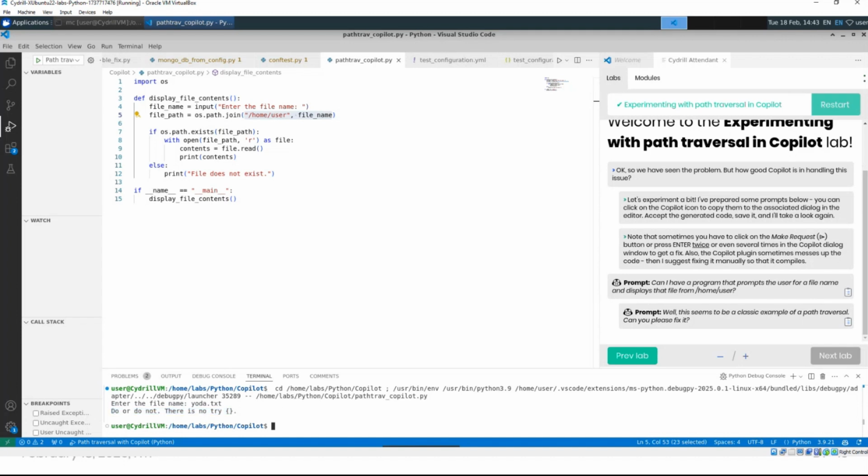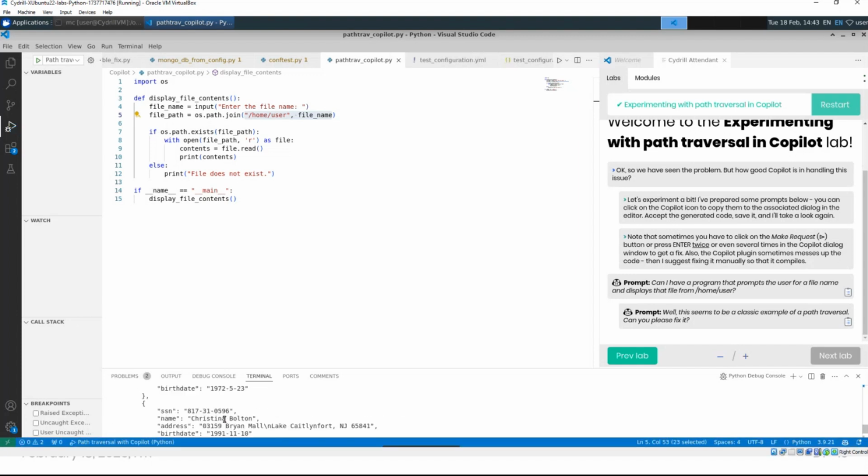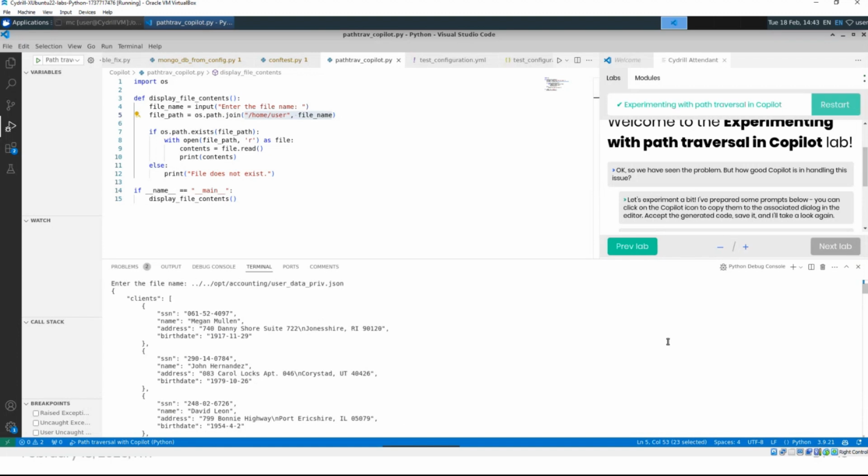But, okay. But what happens if I try again? But this time, I try a file name like, I don't know, /opt/accounting/user_data_priv.json. Oh, okay. So it looks like I managed to get access to a file with a whole lot of sensitive looking information.